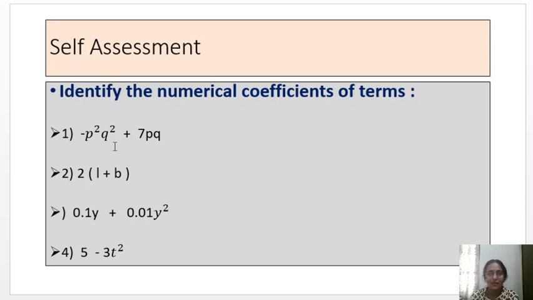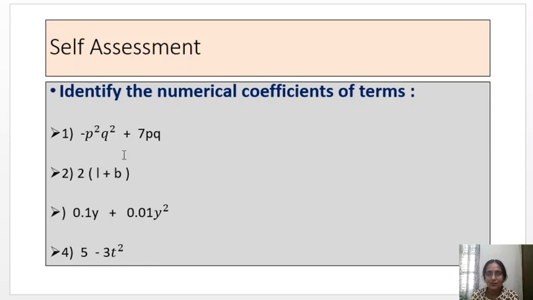Without paper and pen, you can identify orally. Pause the video and tell the numerical coefficients. Second expression, just take care to open the bracket first. That means you have to multiply the two terms with this number 2.